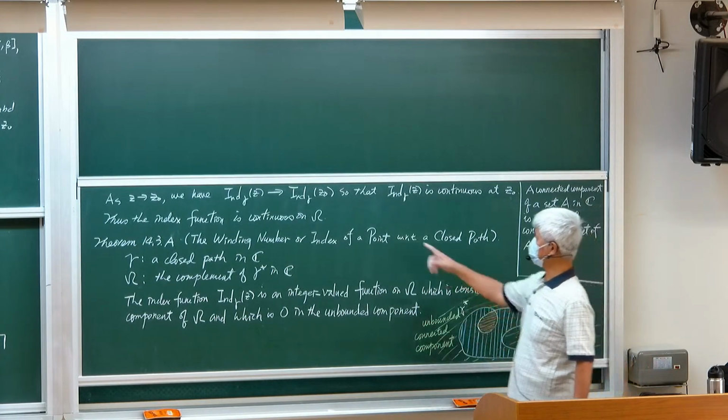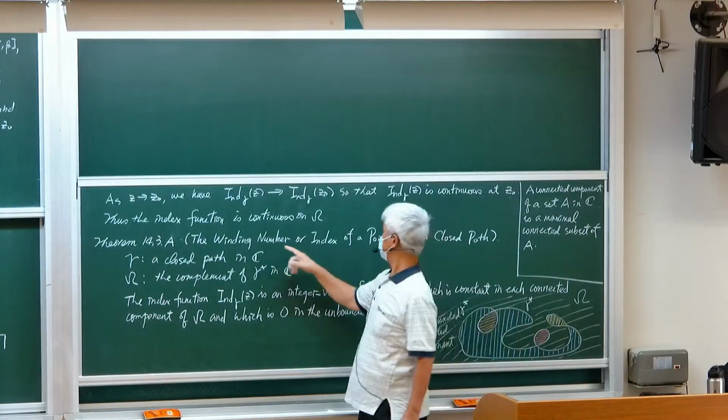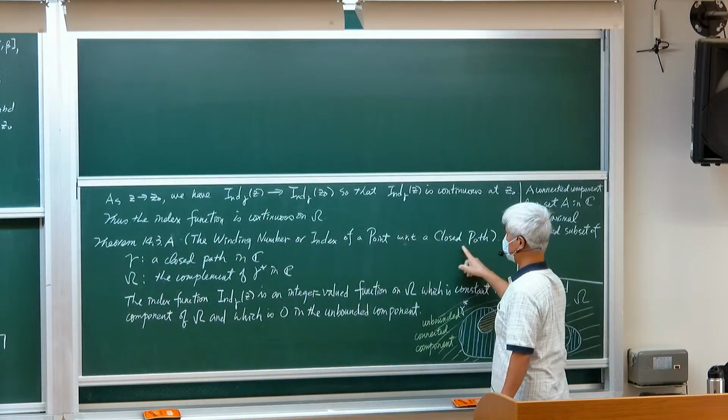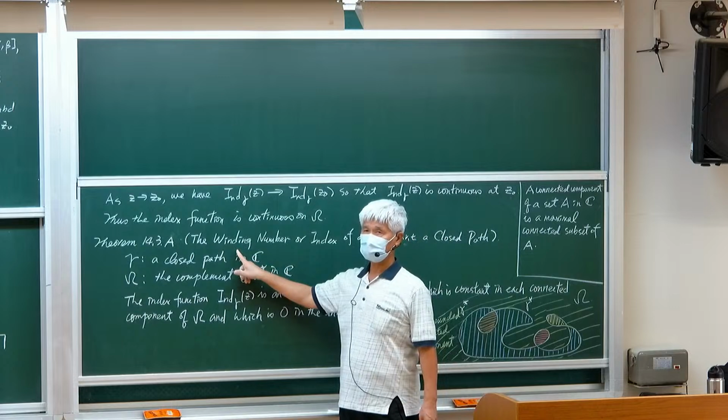The index of a point with respect to a closed path is sometimes called the winding number.